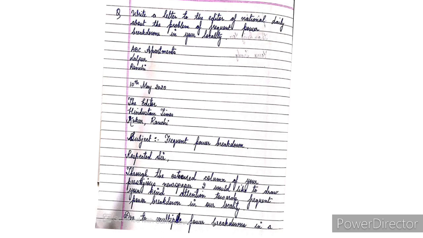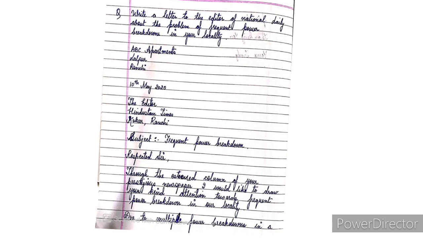Now I'm giving you one example. This letter you have written to the editor of a daily newspaper about the problem of frequent power breakdown in your locality. So first you have written your address, the place where you stay.